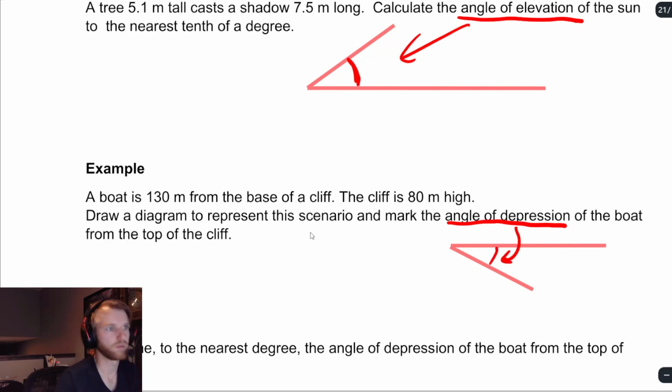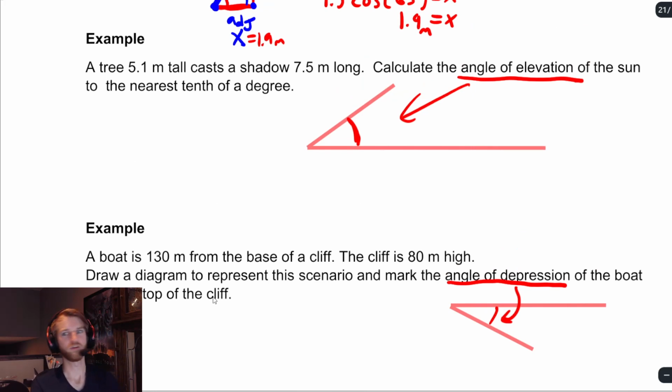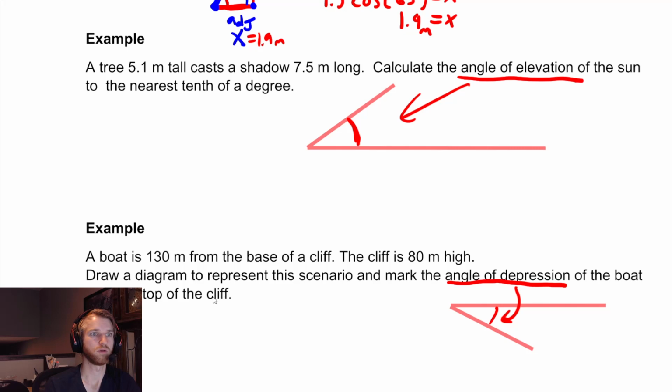Now, I'll show you in a minute where people get confused, but the way that I like to think of this is imagining if you were looking straight out. If you look up, that would be an angle of elevation. Starting with horizontal, looking straight, and then going up, that makes an angle of elevation. Angle of depression, this one's easy to remember, you're looking down.